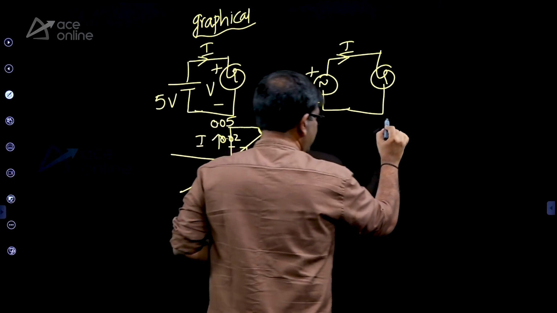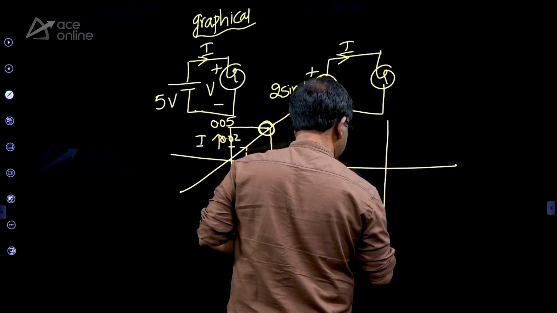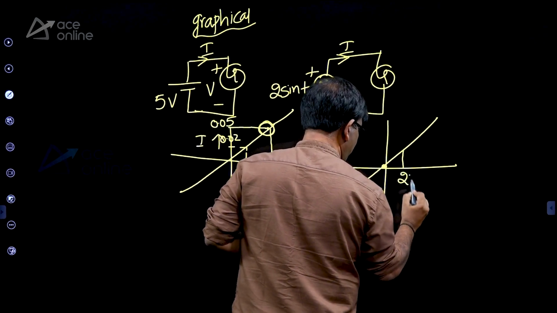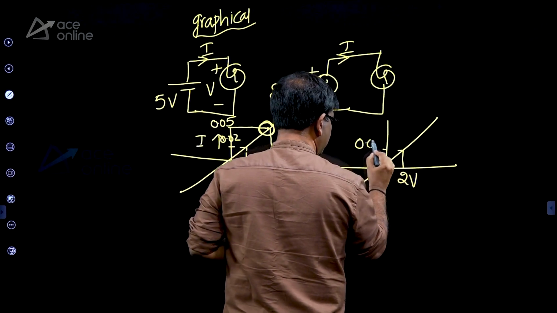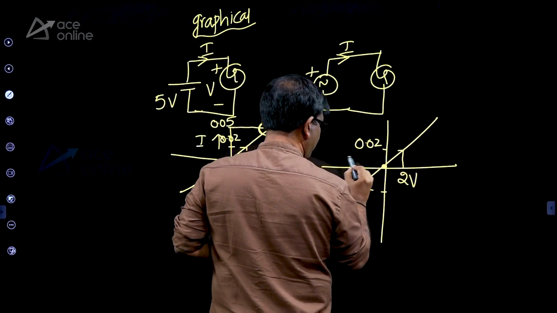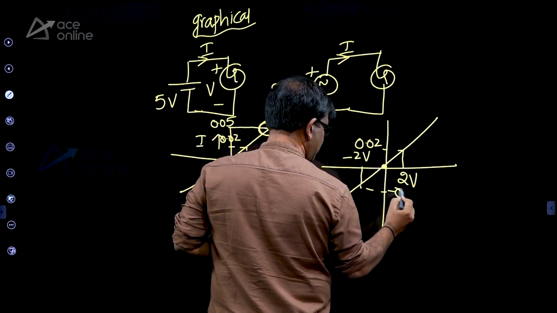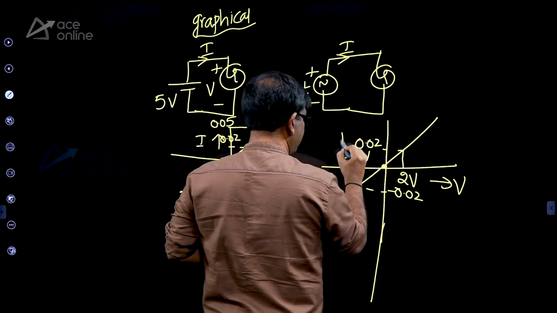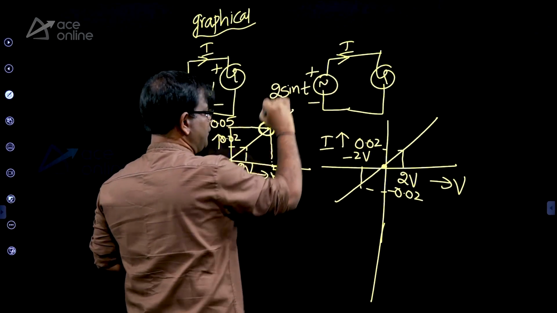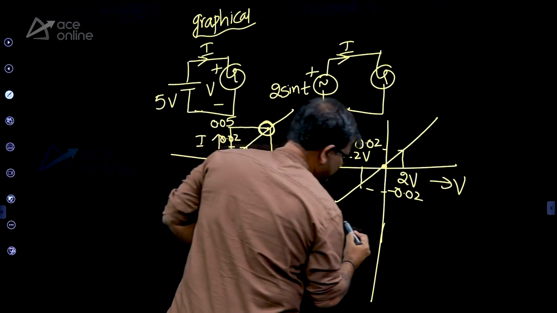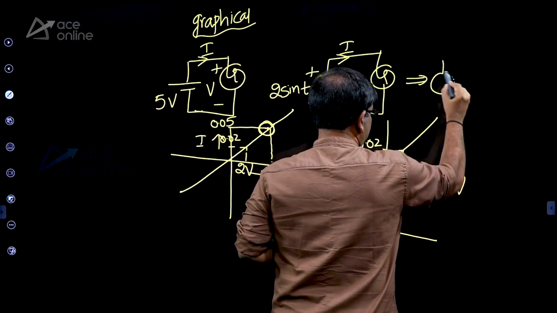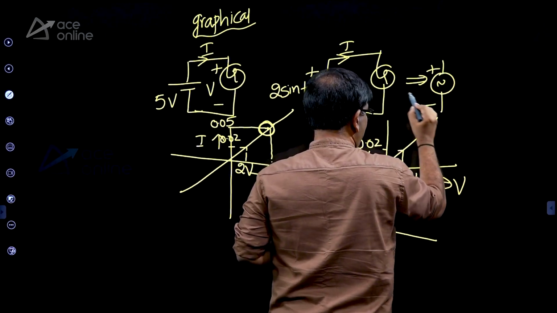For example, if the bulb has a characteristics like this, it passes through the origin. This is 2 volt, 0.02, minus 2 volt, minus 0.02. So this is the VI characteristics of the bulb. What happens when you apply 2 sin t? So when you apply 2 sin t, the easy approach is the model.